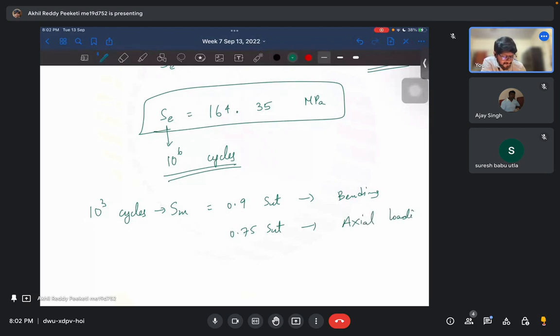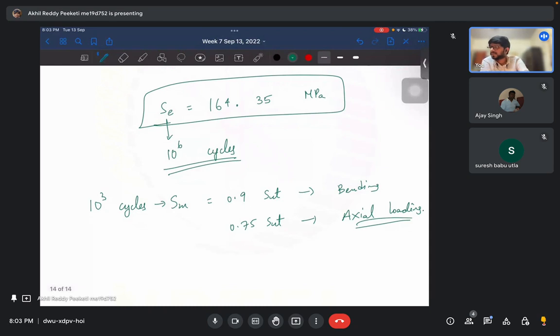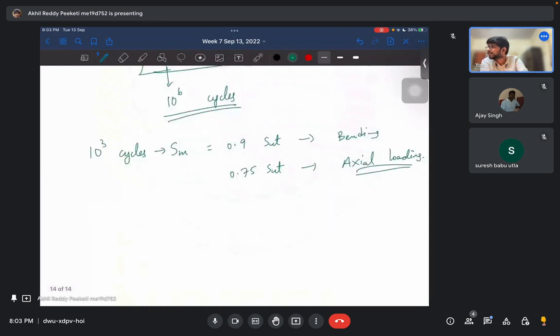Let me just check this once. Yes, SM is 0.75 SUT for axial loading.